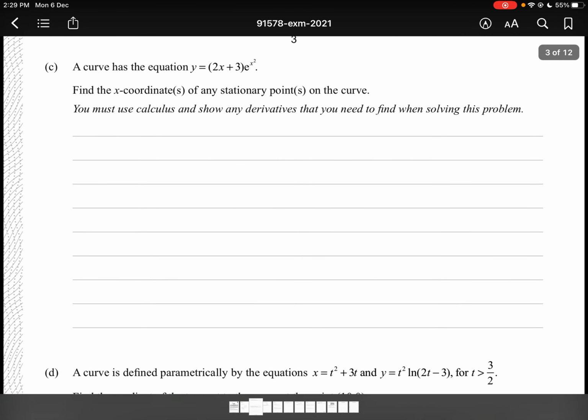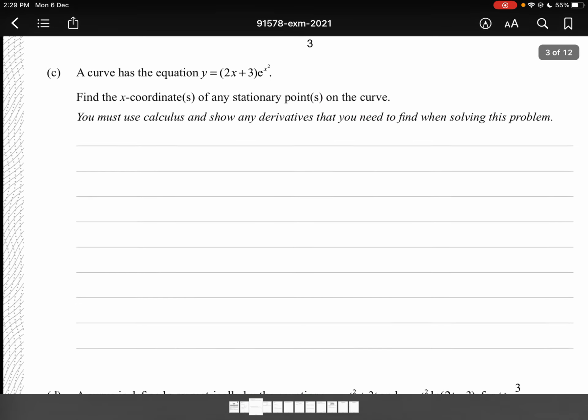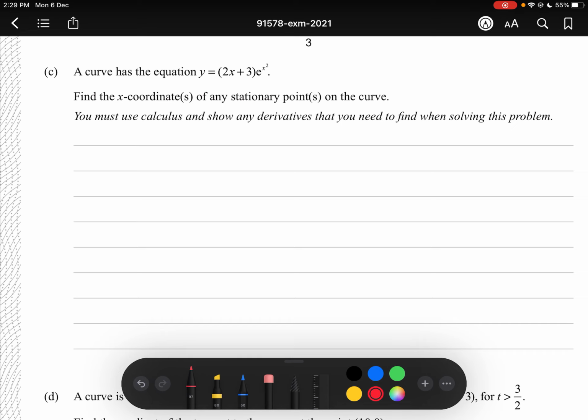A curve has the equation y equals 2x plus 3 times e to the power of x squared. Find the x coordinates of any stationary point on the curve. In this case, we're going to expand the brackets out so we can get our 2 separate terms. So we'll say that y is equal to 2x times e to the power of x squared plus 3e to the power of x squared.